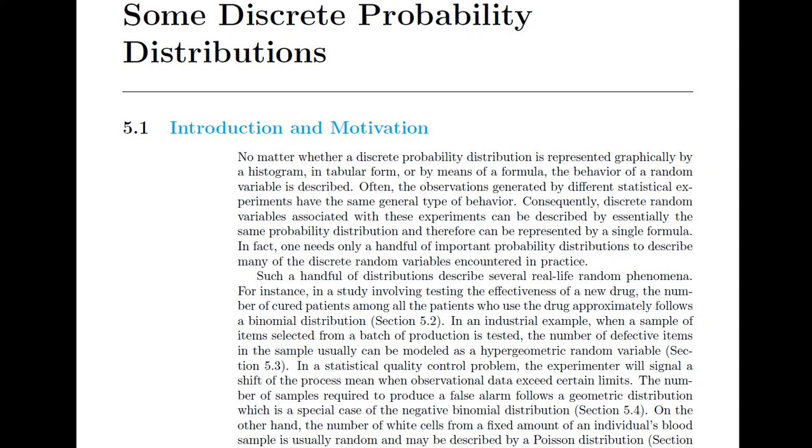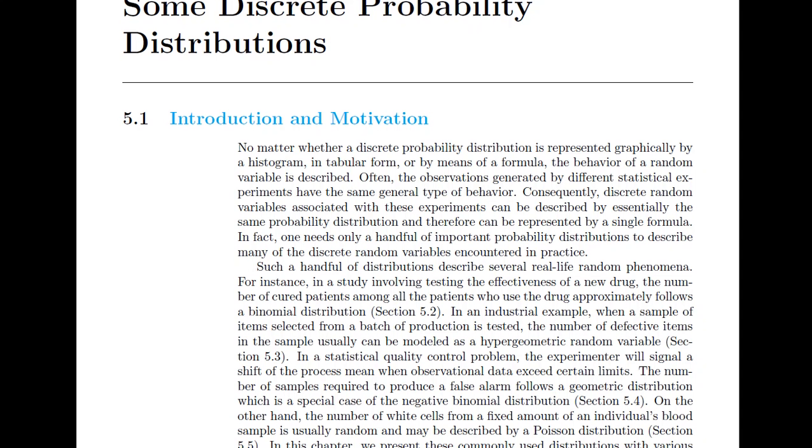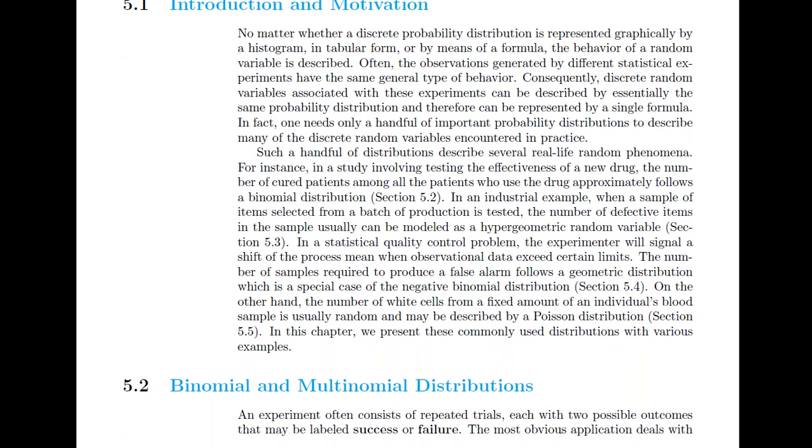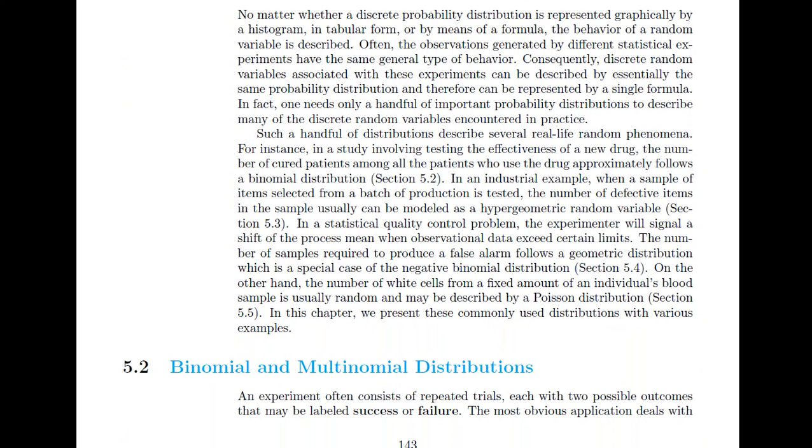Some discrete probability distributions. No matter whether a discrete probability distribution is represented graphically by a histogram, in a tabular form, or by means of a formula, the behavior of a random variable is described.